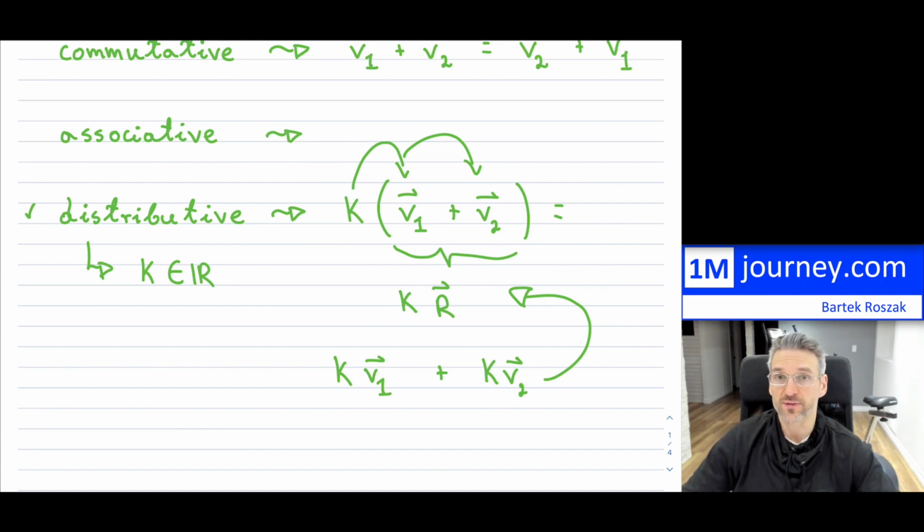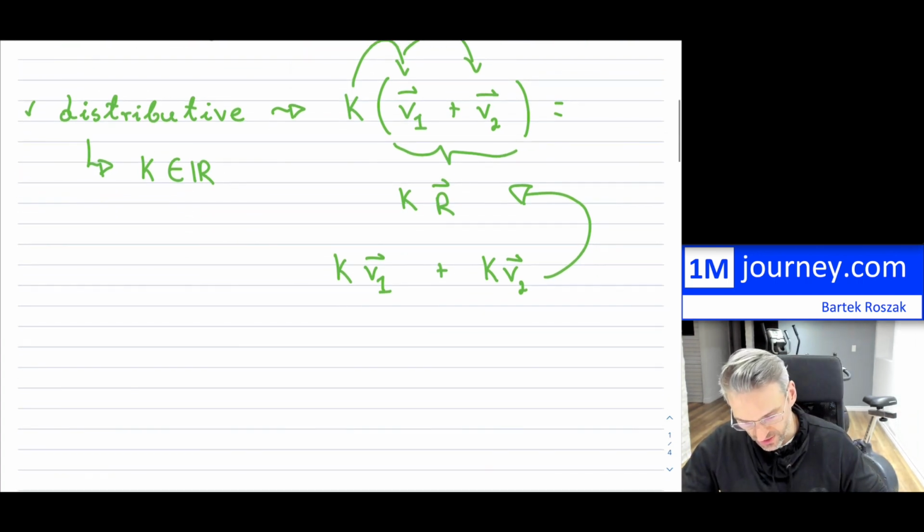It means that we don't have to worry when we're scaling vectors which are the addition of two or possibly even more. So you can extend this to multiple vectors in 3D. It could have been v1 plus v2 plus v3 and so on, and you can distribute it across all of them. What this would mean is something like this.